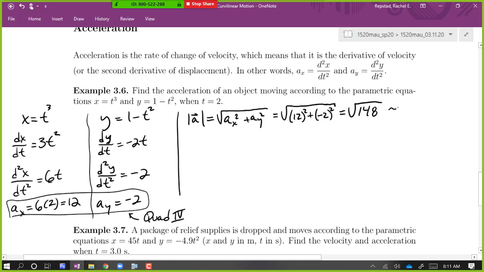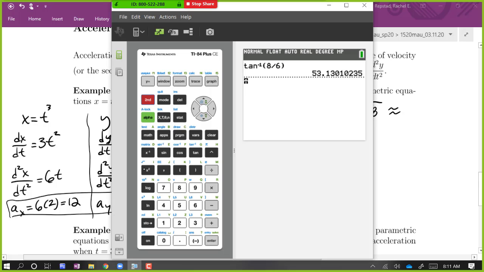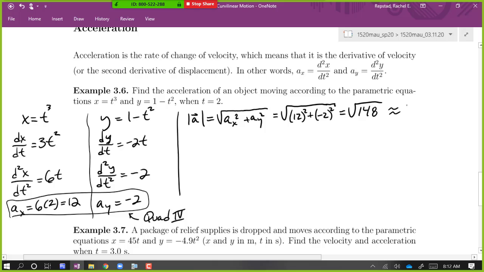So that square root is 12.17. Now, if they had included units in this problem, units of acceleration are like centimeters per second squared or feet per second squared. It's your displacement over time squared. But we didn't have any units in this problem.